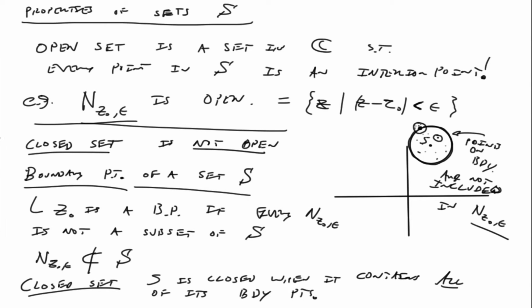So we can actually write that as follows. The closure of S is basically S union all boundary points.